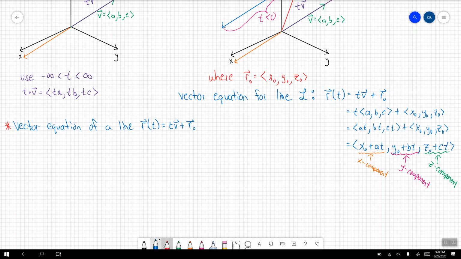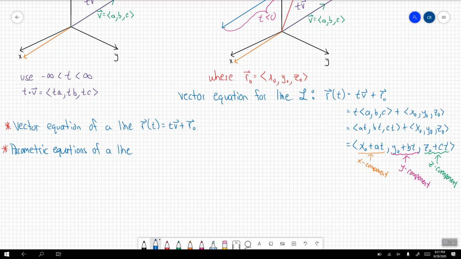What does this tell us, though? This tells us another super important fact. This actually gives us the parametric equations of a line.